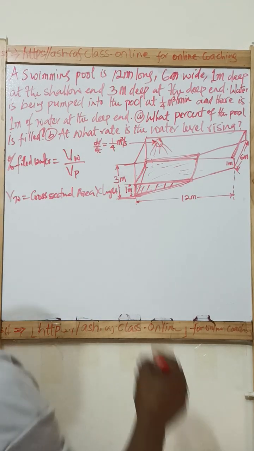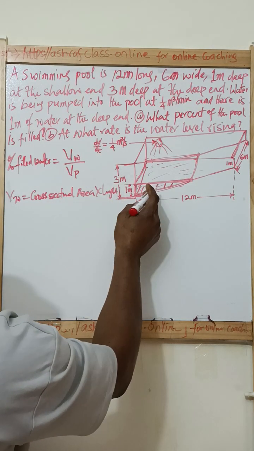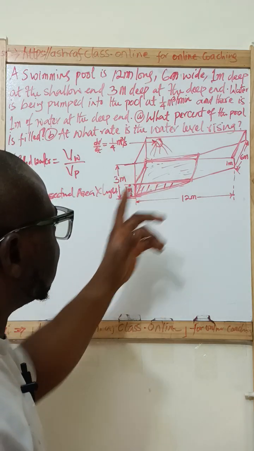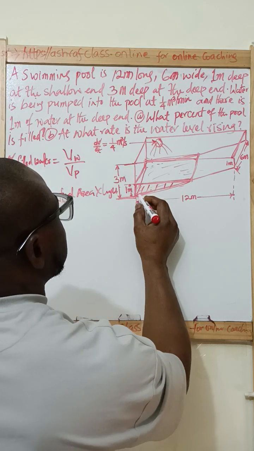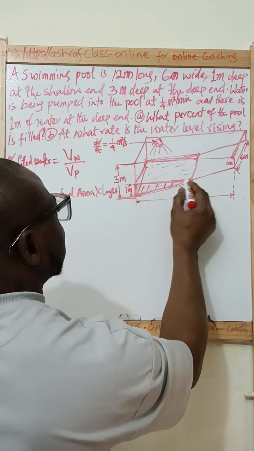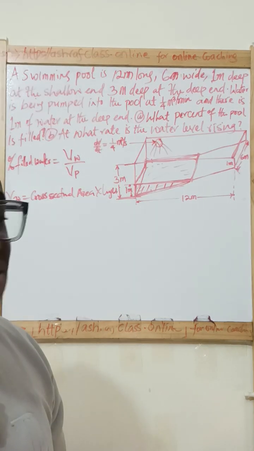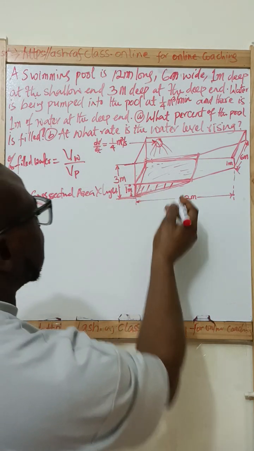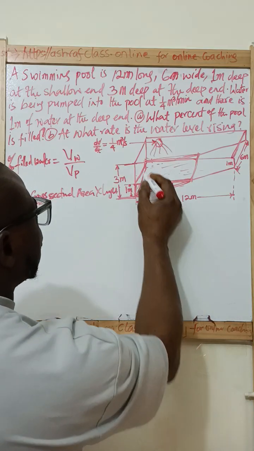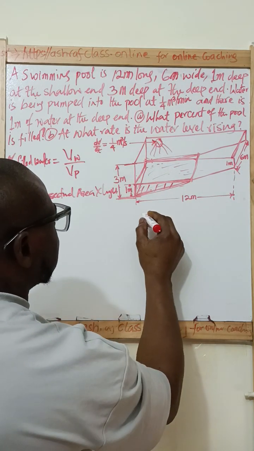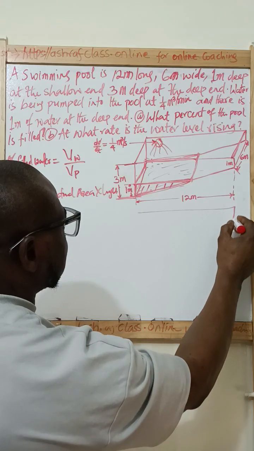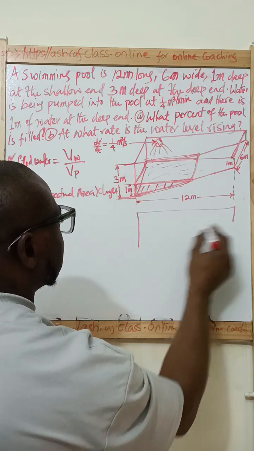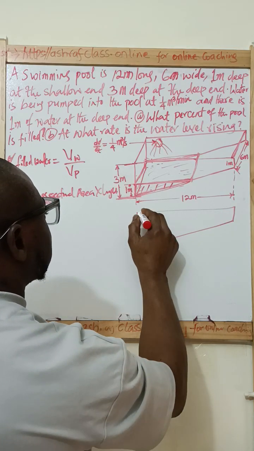Now, what is the cross-sectional area? If we look at this very well, we'll see that this length from here to here is not given. If it is not given, we have to find a way to find it. Let's bring out that trapezium.